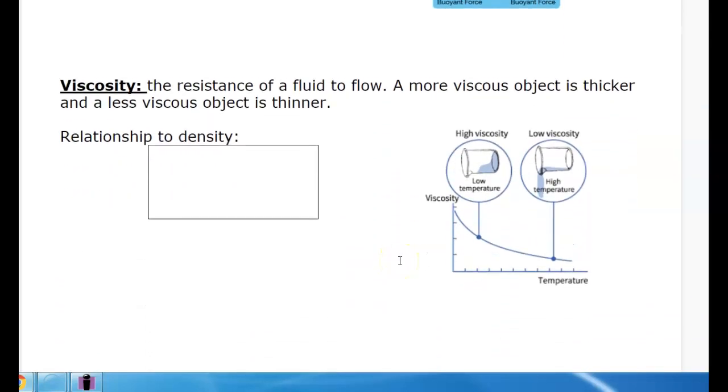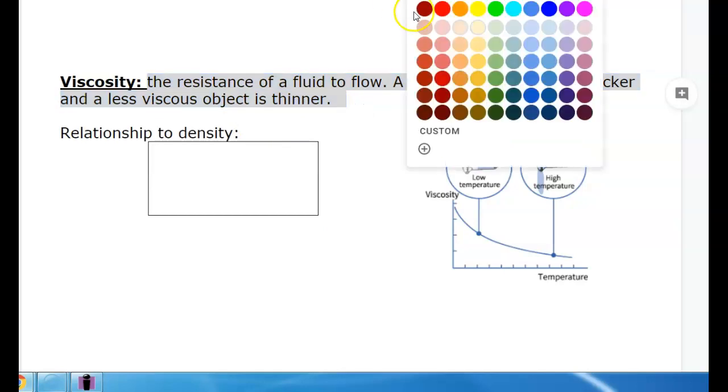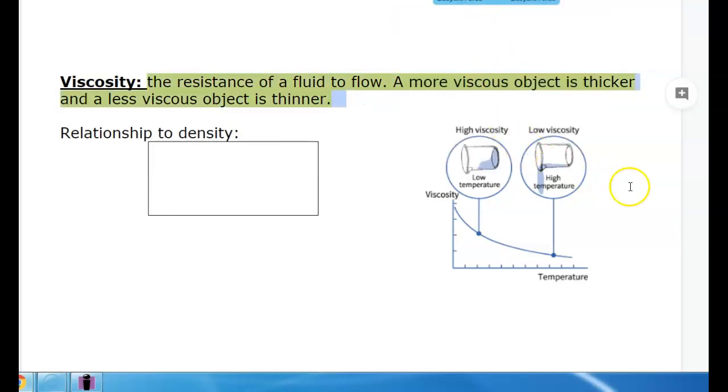All right, we have one property left, and that is viscosity. It is the resistance of a fluid to flow, and we want to make sure that we have that highlighted because this is one of the ones that gets confusing. A more viscous object is thicker and a less viscous object is thinner. Let's go ahead and put some extra notes here for it.